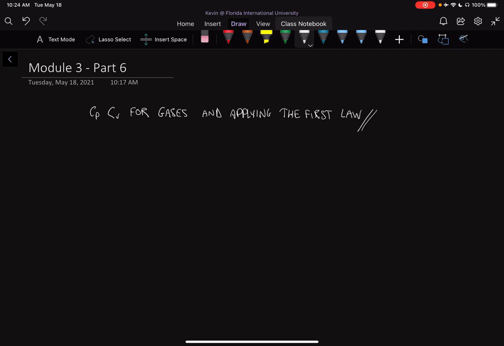So for gases, we don't really have any shortcuts to define CP and CV separately. If we remember, our definition of CP is equal to dH over dT, and our definition of CV is equal to dU over dT.